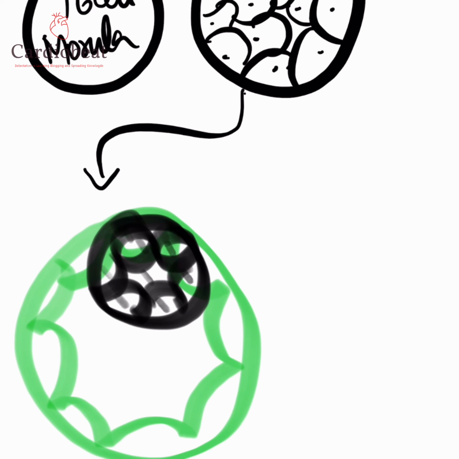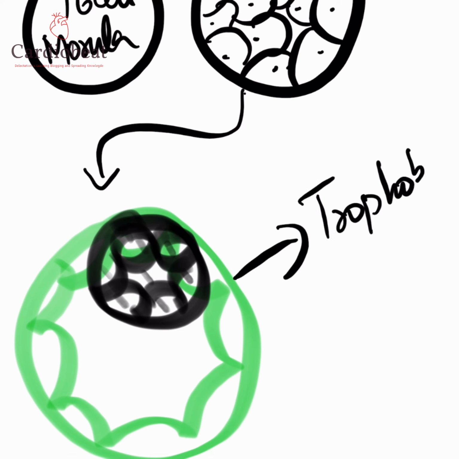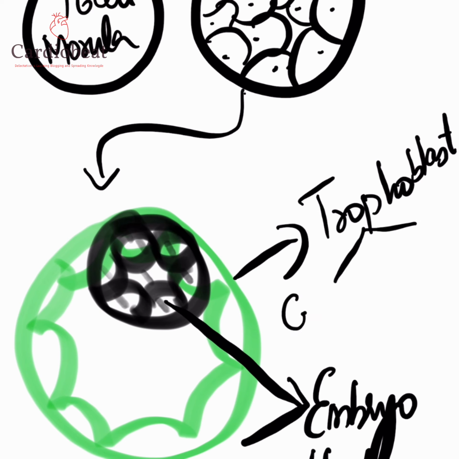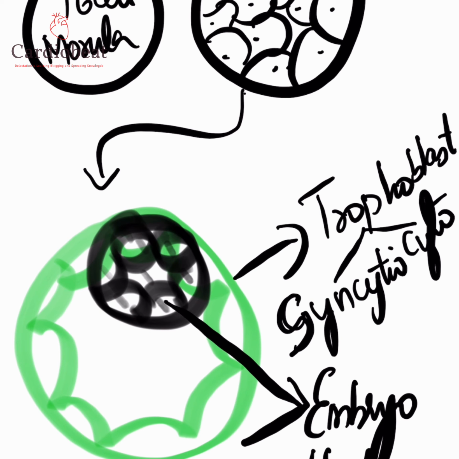This outer cell mass is called trophoblast, whereas the inner cell mass is called embryoblast. The trophoblast divides into syncytiotrophoblast and cytotrophoblast, which subsequently get attached to the maternal endometrium, forming the placenta.